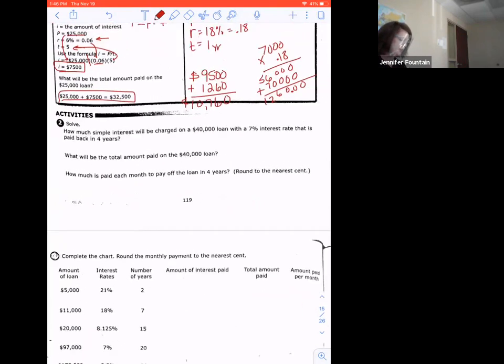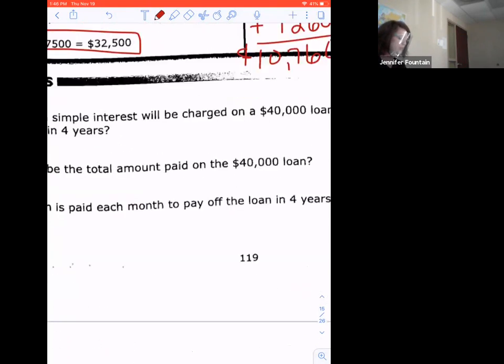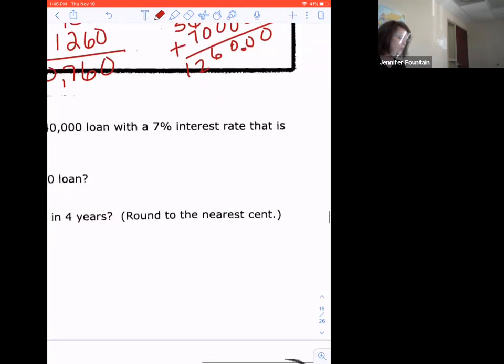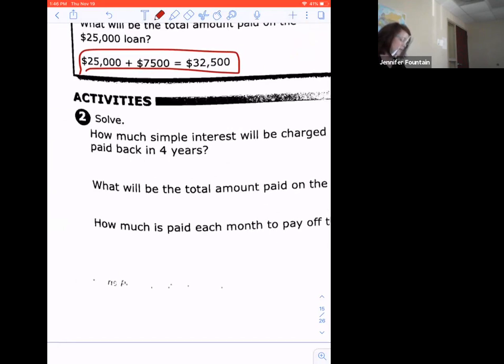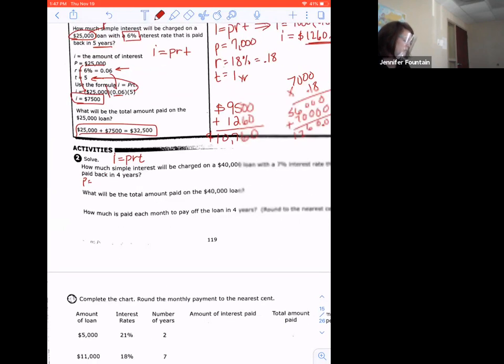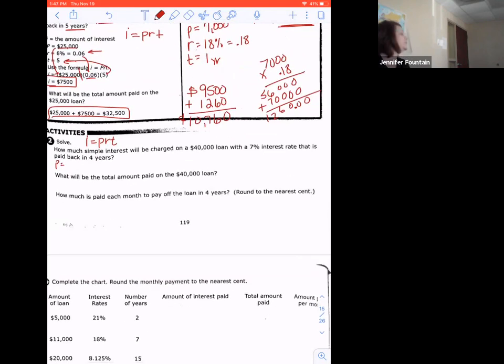Okay, so it says how much simple interest will be charged on a $40,000 loan with a 7% interest rate that's paid back in 4 years. So we know we're going to be using I equals PRT. What we're going to do for each of these problems is, first, identify what is my principal amount. So what is the amount of the loan? $40,000.